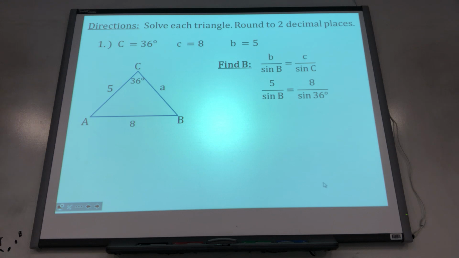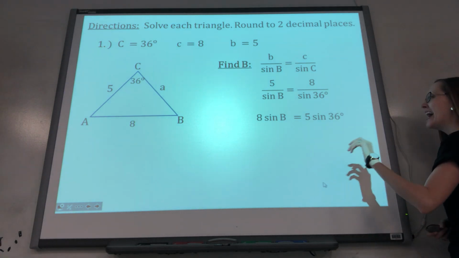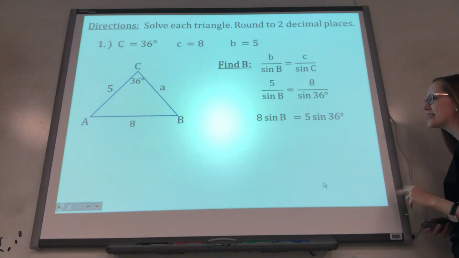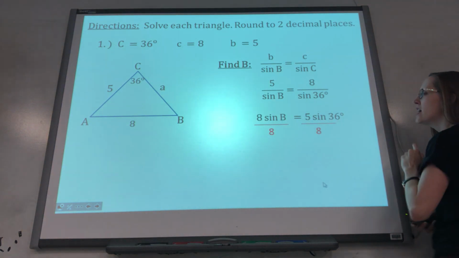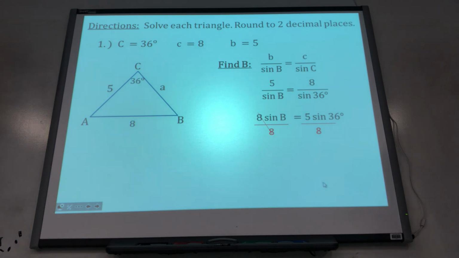Now we cross multiply. Have to do that on basically all of them at some point. I'll be left with 8 sine of B equals 5 sine of 36 degrees. And there's still a couple more steps here, but first thing would be to divide by 8.